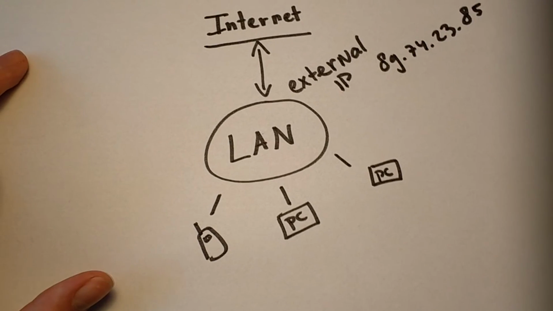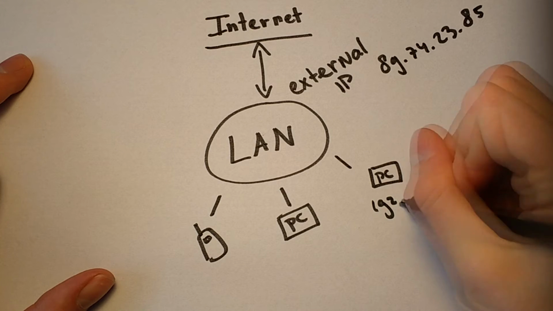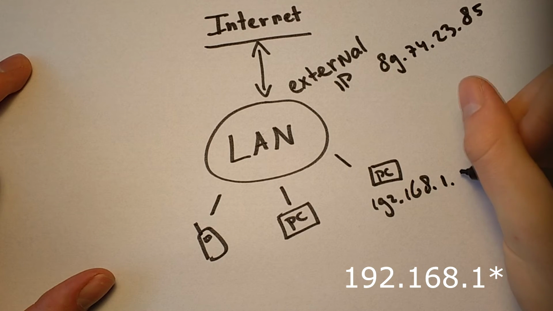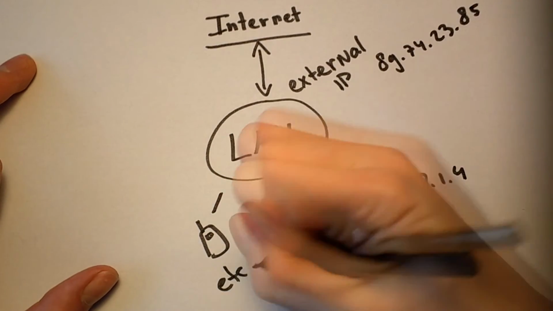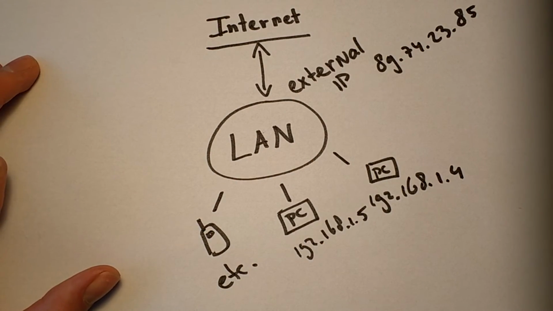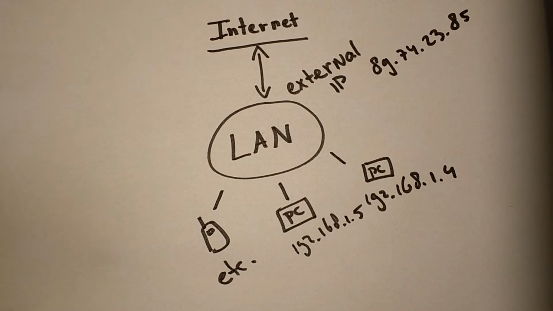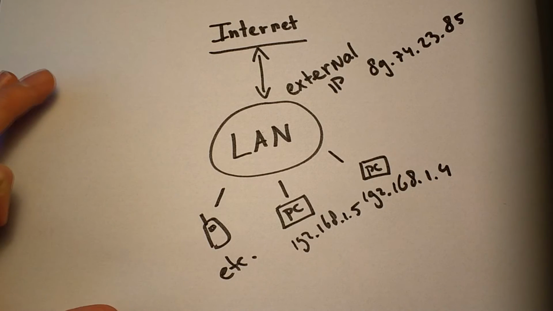So all devices inside the LAN have a local IP address. They usually start with 192.168.9. In this example I used 4 and 5. We want to target our local machine, and we can achieve this by the text localhost, or also known as 127.0.0.1.